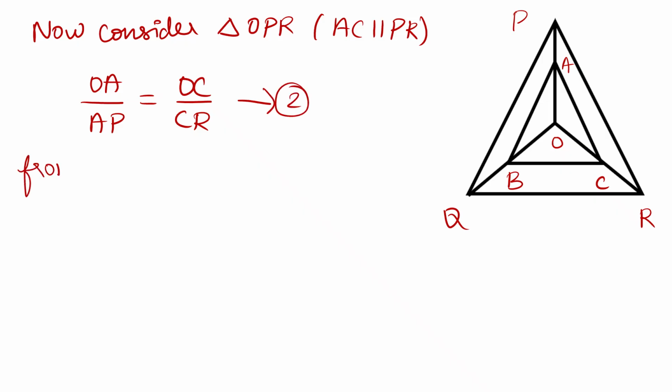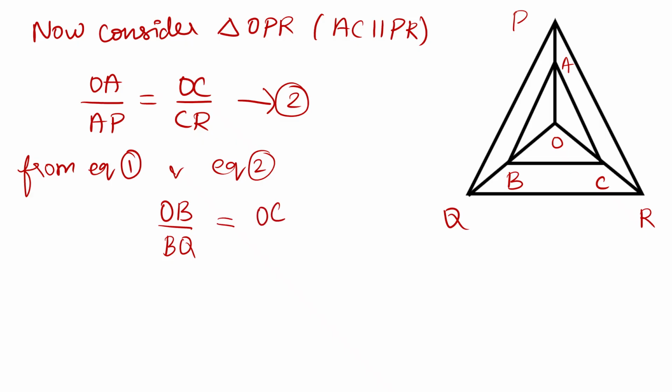From equation 1 and equation 2 we can see both LHS are equal, so their respective RHS will be equal. So we are going to get OB by BQ is equal to OC by CR.